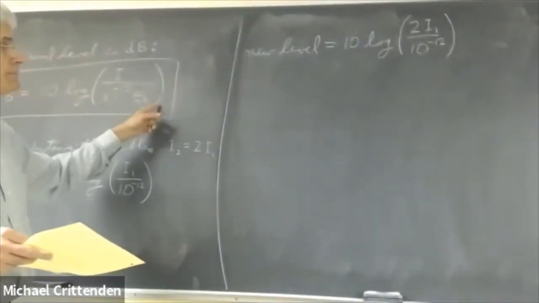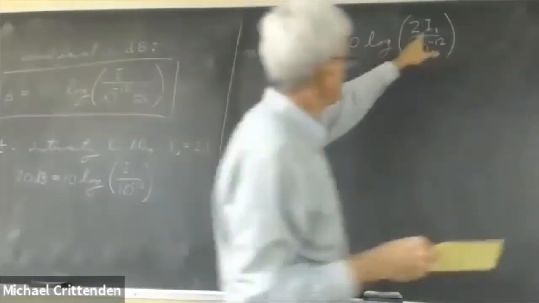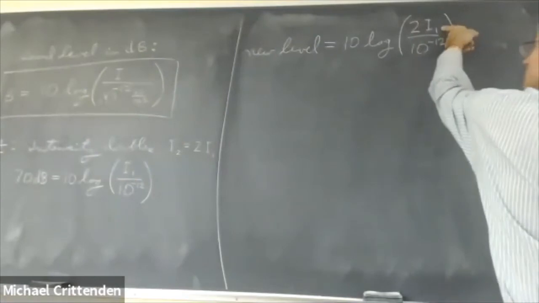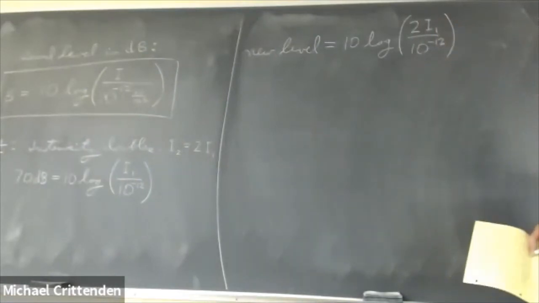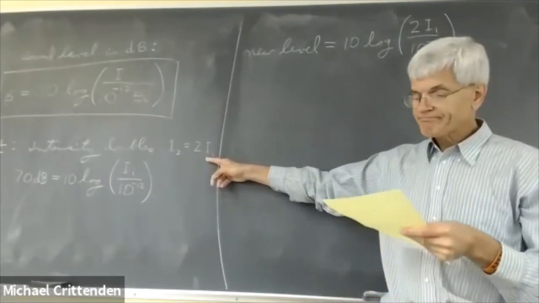Same formula. The number of decibels I'm looking for corresponds to I2, which I just got done saying is equal to 2 times I1.